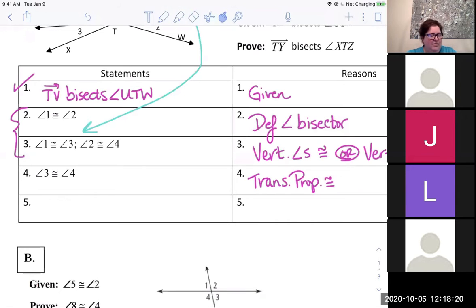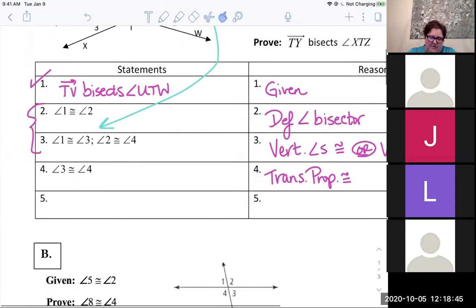So when it's congruence, it can be transitive property of congruence, reflexive property of congruence, symmetric property of congruence, or it could be something like definition of congruence or vertical angles are congruent. It could be something else that's not a property, but substitution will never work for congruence. It's only a property of equality. So if you did that on the quiz, your grade is going to show that a little bit.